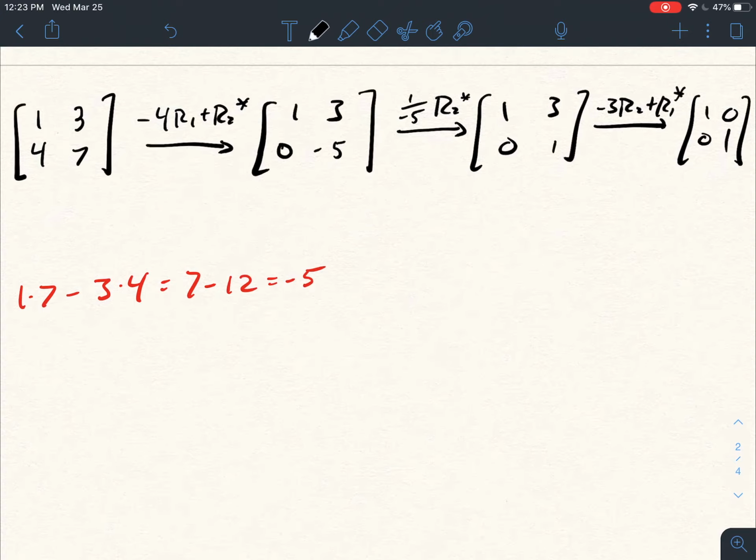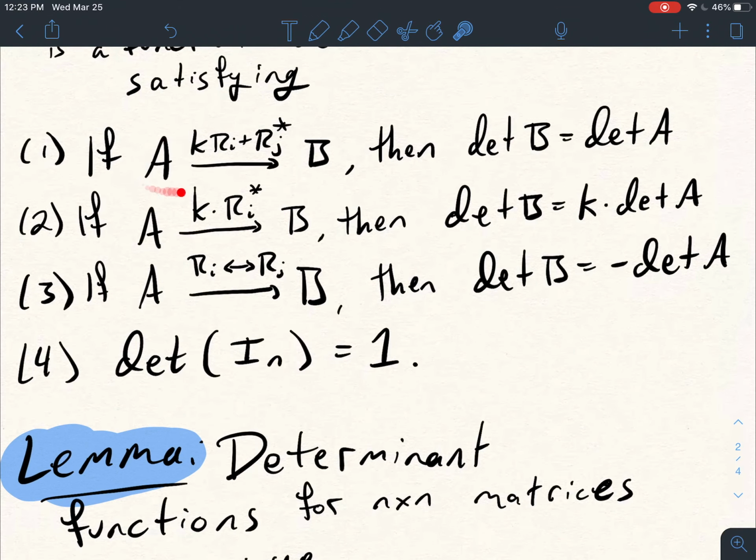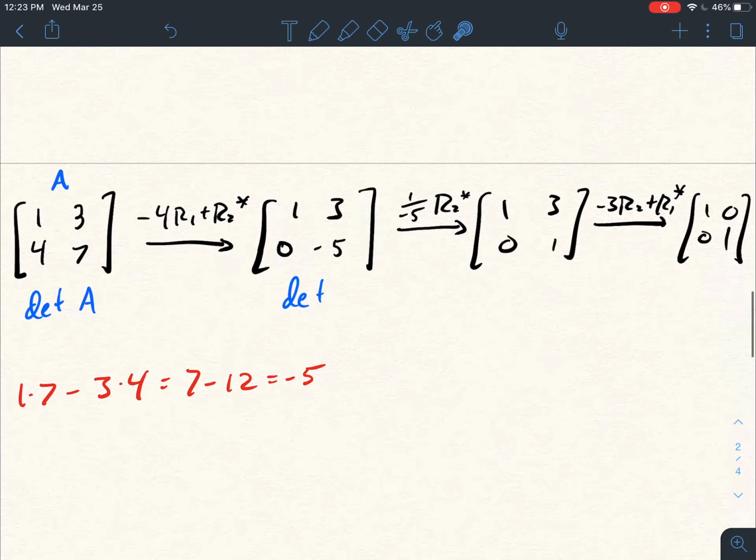Let's figure out, using these row operations, what the determinant is equal to. This is going to be our matrix A. Here I added a scalar multiple of row 1 to a different row, and in our definition we said that adding a scalar multiple of a row to a different row should not change the determinant. So the determinant over here is the same exact determinant as the one before.